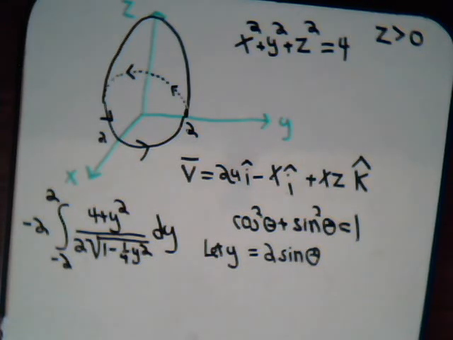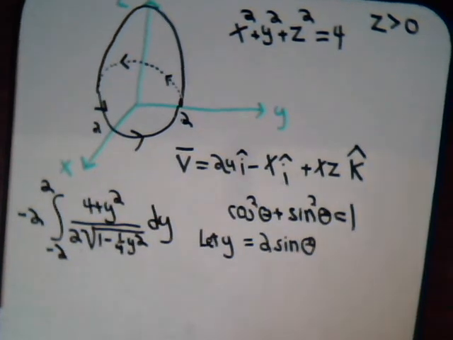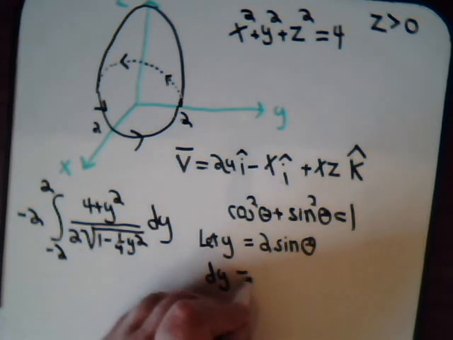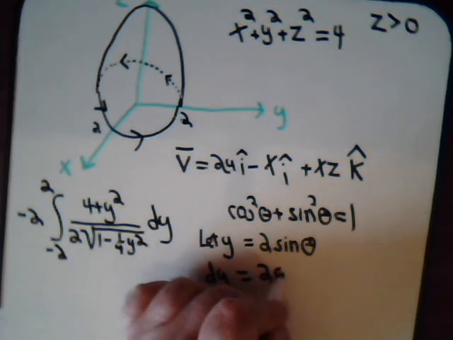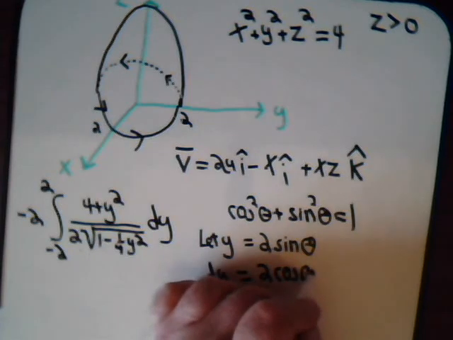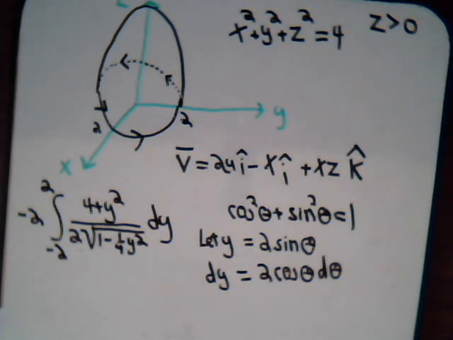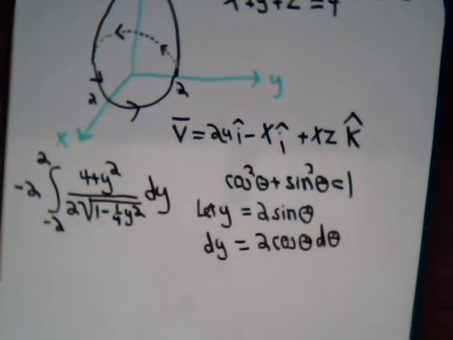We'll get to that in just a moment. And if we do it like that, though, dy, we have to consider that, that will equal 2 times the cosine of theta d theta.